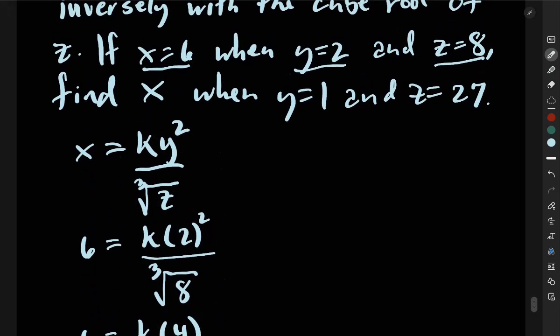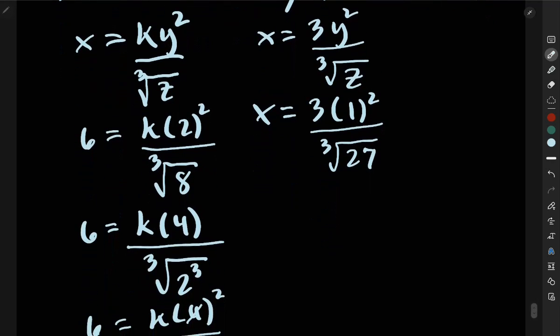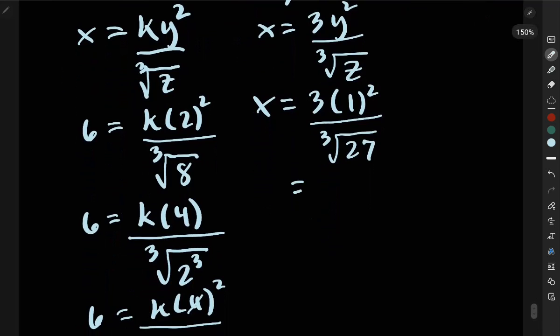So going back to the equation, we will replace now K into 3. 3y squared over cube root of Z. Then find X when Y is 1 and Z is 27. So find X when Y is 1. So 3 times 1 squared over cube root of 27. Okay, so 3 times 1 squared is just 1.